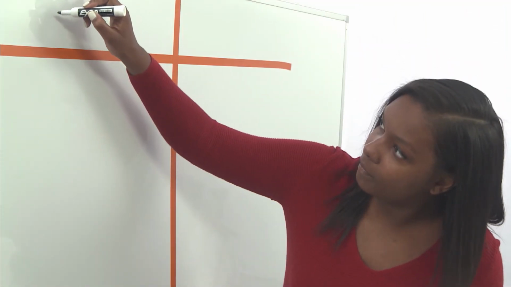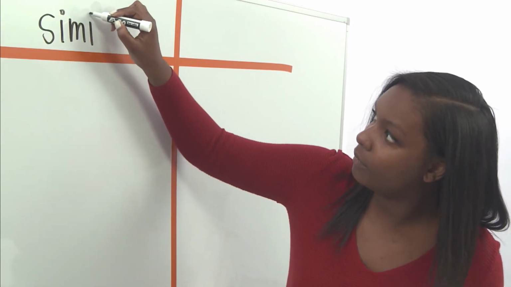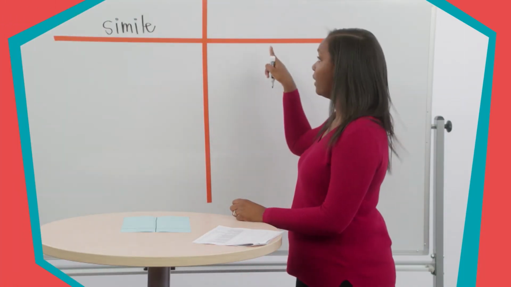Since we are identifying and interpreting the use of similes and metaphors in text, let's write simile in the top left area of the T-chart. I'm going to use this big T-chart to help you see what I'm writing. So let's go ahead and write simile in the top left. And now let's write metaphor in our top right.